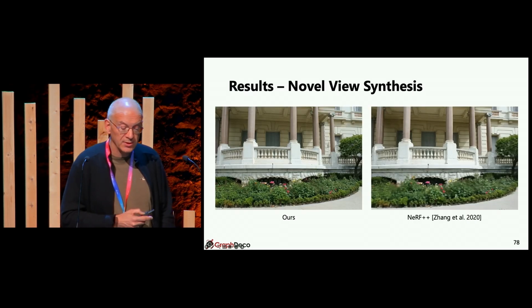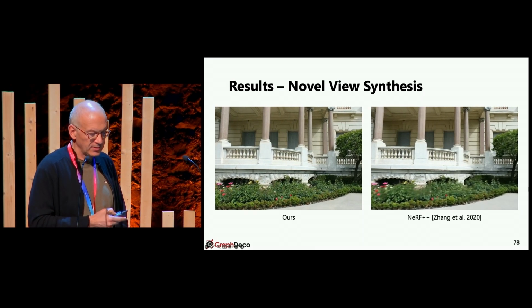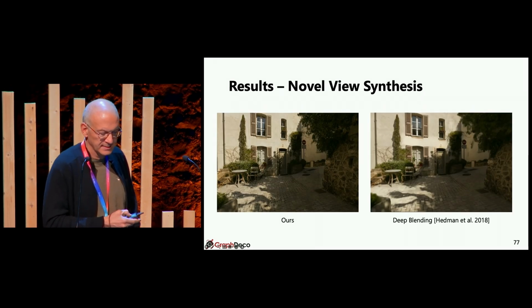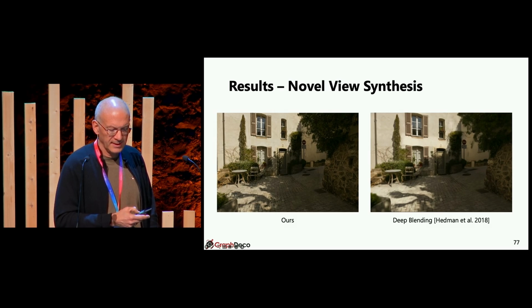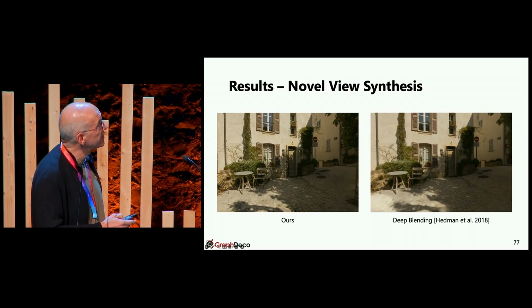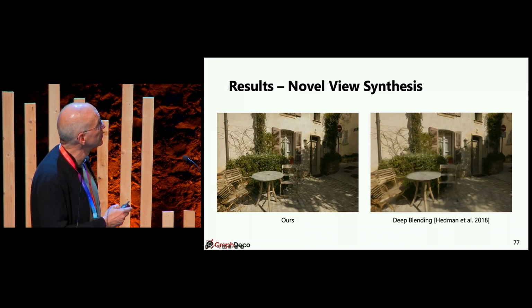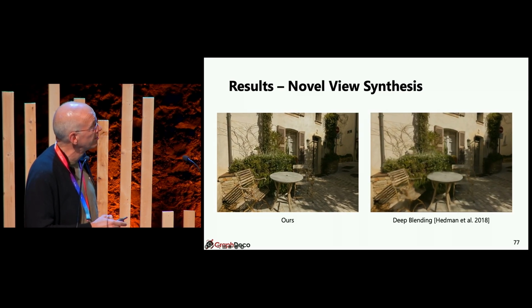And the results are pretty good, right? So, if we compare to deep blending at the time, we can see that we had much sharper vegetation and much better robustness to incorrect geometry.